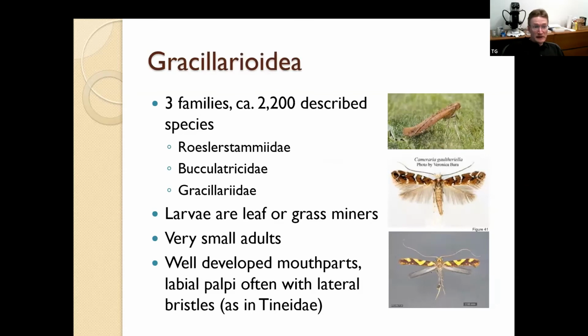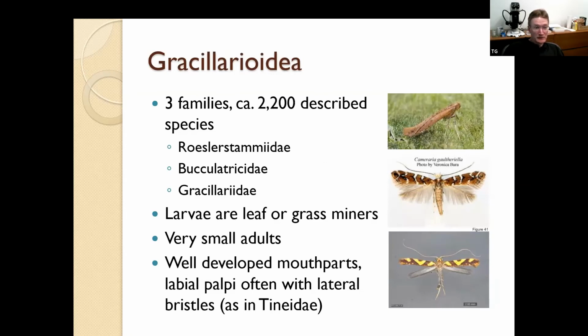The gracillariids is another group of moths that are fairly common. There's not as many species within this group, but these are leaf or grass miners. And so they are very small. The larvae mine within, like it says here, leaves or within grass. They make these tunnels that are somewhat distinctive.